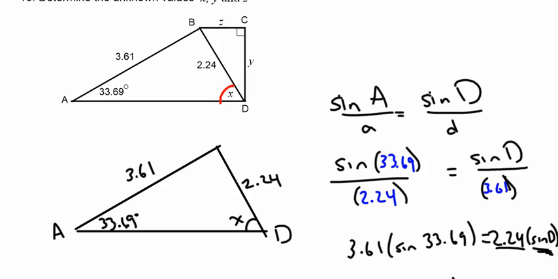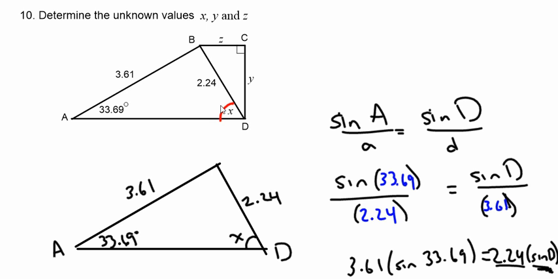Okay, so let's go back to the diagram because now I know the value of x. It's 63.4 degrees. So now I need to find y and z, and they're part of this right angled triangle. And this is where I'm a little suspicious that there's a piece of information missing from the question. Because I think that this is intended to be a right angle.